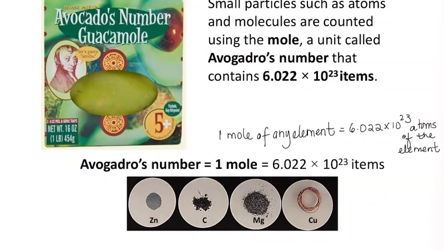So that means that the first image where we have 1 mole of zinc, that's going to equal 6.022 times 10 to the 23rd atoms of zinc. For the second image where we have 1 mole of carbon, that is going to equal 6.022 times 10 to the 23rd atoms of carbon, so on and so forth, okay?